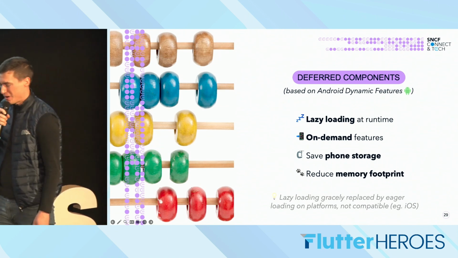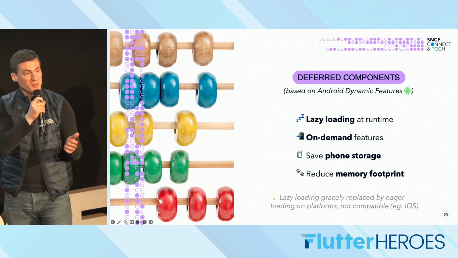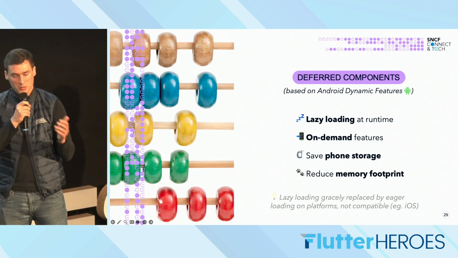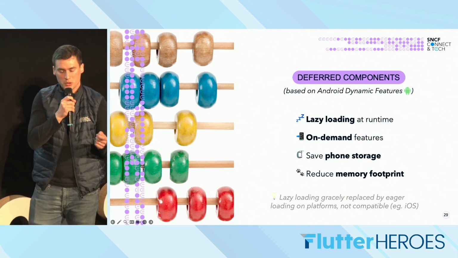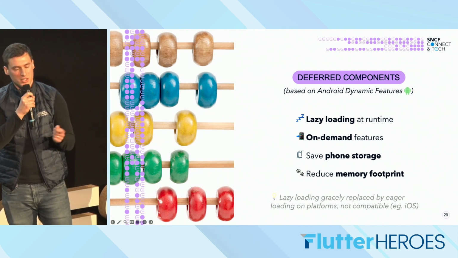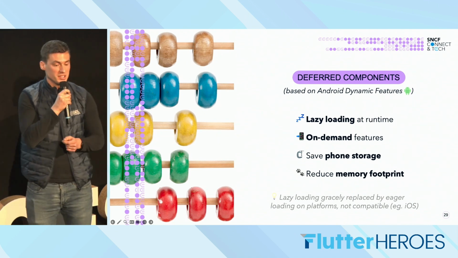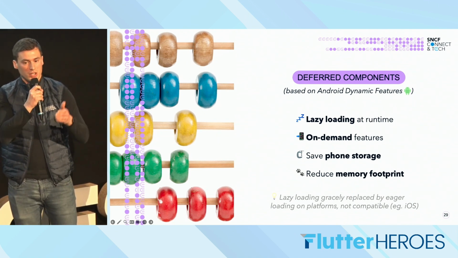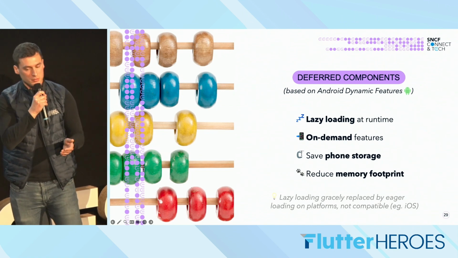Okay, so deferred components is based on Android dynamic features. The main purpose is to load your feature asynchronously or on demand, that means only when users need it. So the good thing is that when you download your app, you don't need to download the feature.